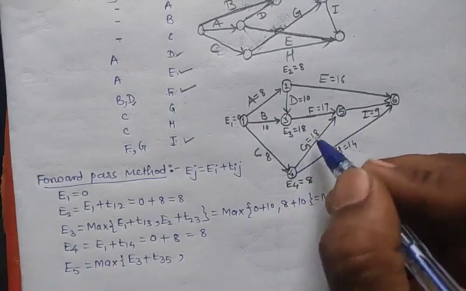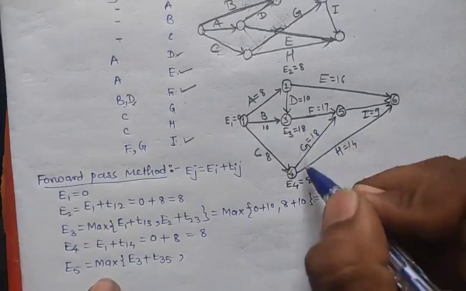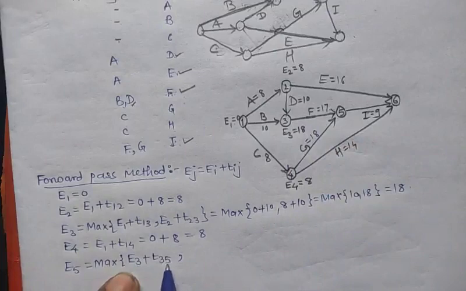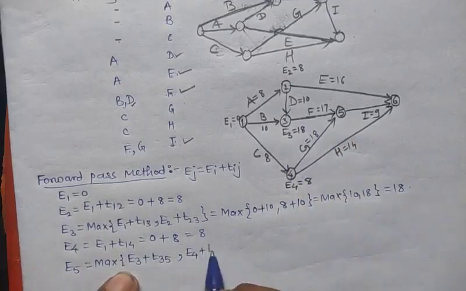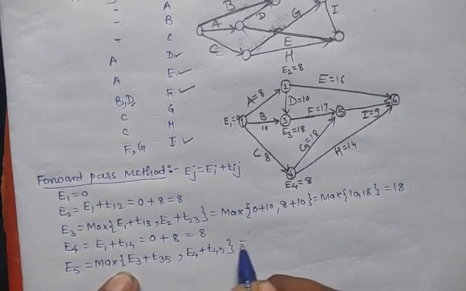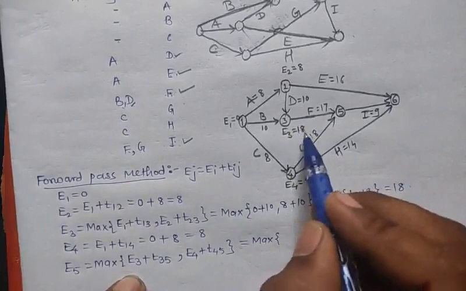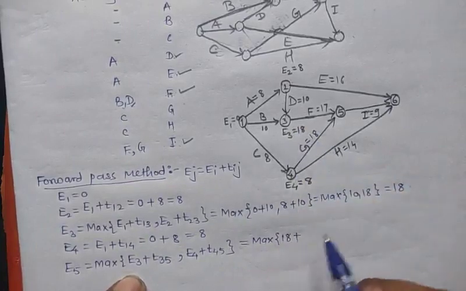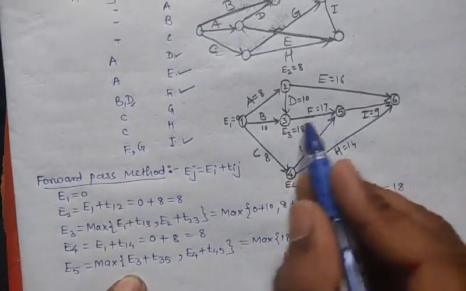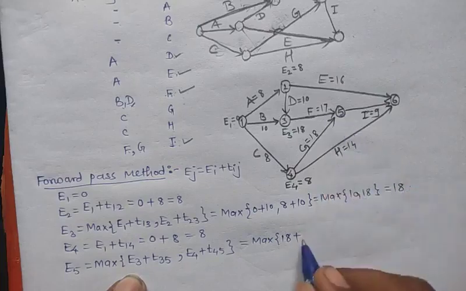So we take the maximum between the two: E3 plus T35, comma, E4 plus T45. E4 has value 8. So this is equal to the maximum of E3, which has value 18, plus the time interval T35, which is 17.